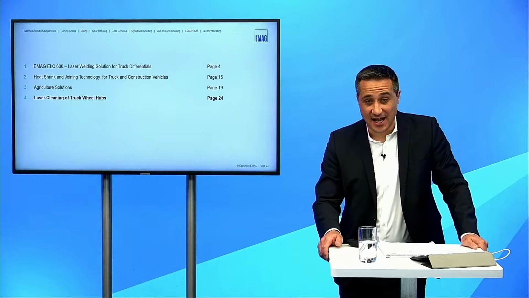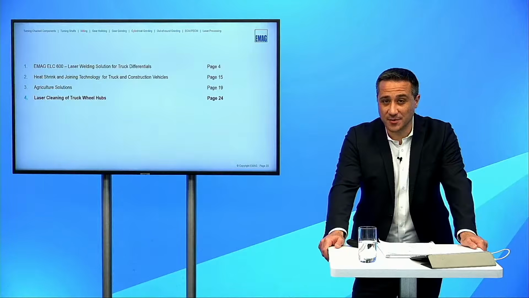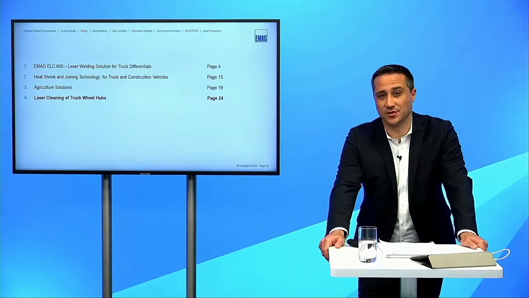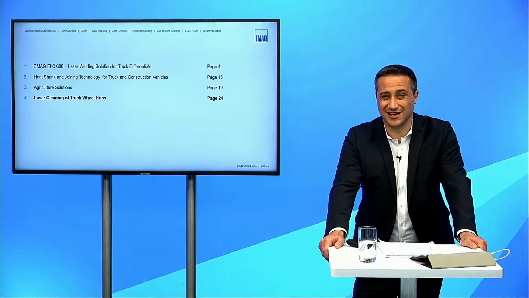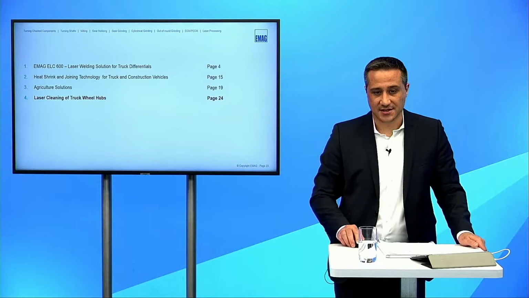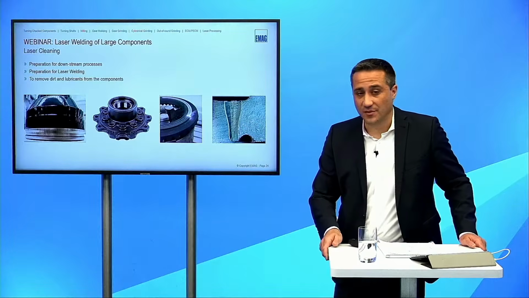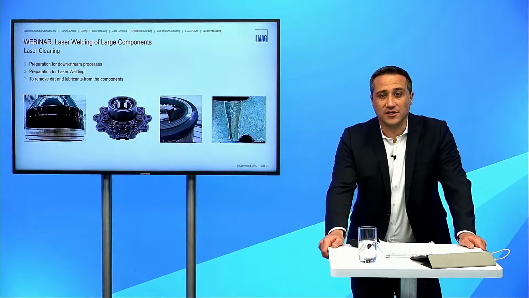As a last technology which is also being focused in regards to laser, but in that case not in regards to laser welding, this is more referring to a laser cleaning process with the focus on laser cleaning, and not as a typical preparation for a welding process. So laser cleaning from EMAG, we do have our own developed systems.